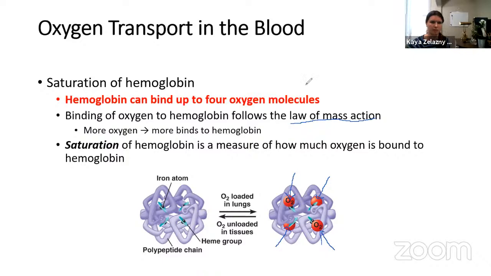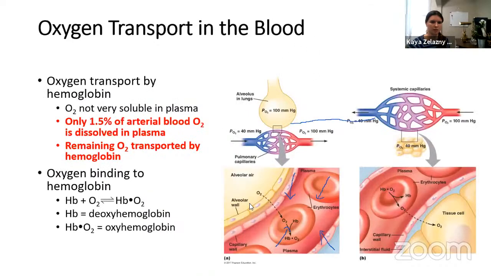So actually, I'll flip back to the previous slide. So what we're saying, and I'll come back to those scribbles, is if we increase oxygen on this side of the reaction, this forces the reaction to go to the right. And that's our law of mass action.